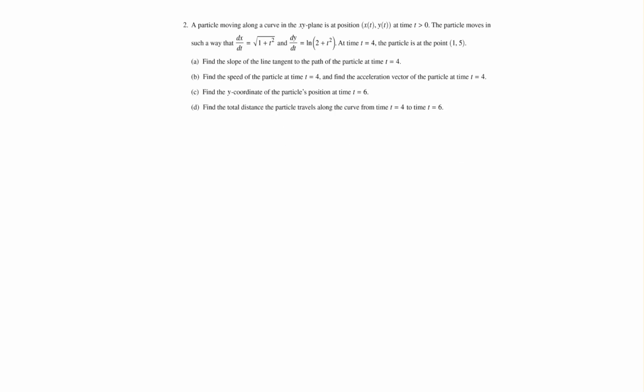Now part B says to find the speed of the particle at time t equals 4 and find the acceleration vector of the particle at time t equals 4. So we know that speed equals the square root of (dx/dt) squared plus (dy/dt) squared, and it's again at time t equals 4.